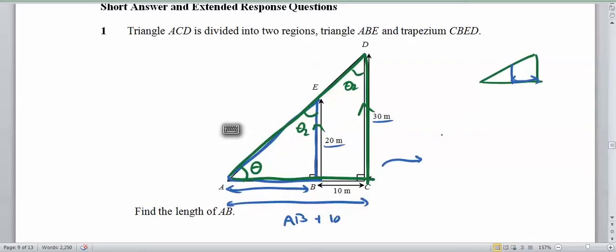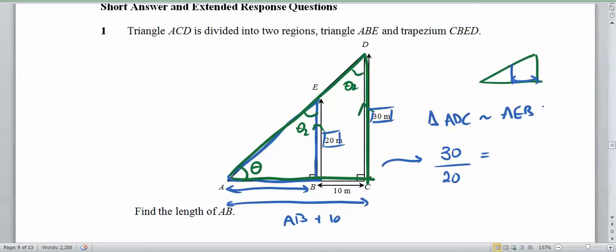The ratio of this length here and this length here is 30 to 20. Since triangle ADC is similar to AEB, we're looking at the bigger triangle over the smaller triangle.